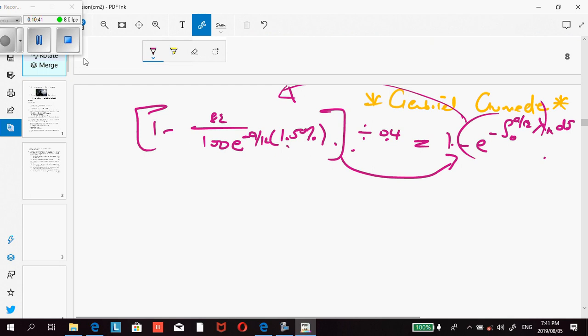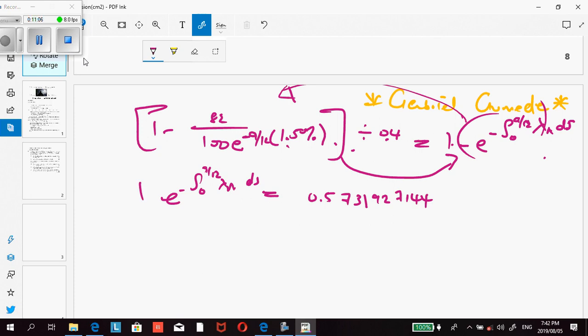And you'll be sitting with your calculator, so you don't have to worry. So I'm going to say 1 minus this, which will give me 0.5731927144. And I'm going to take the natural log on both sides.